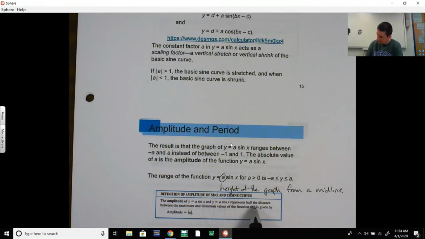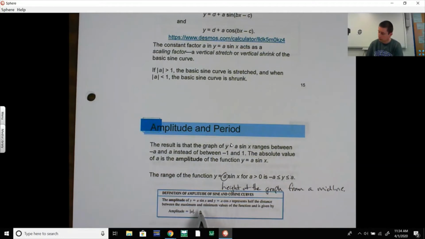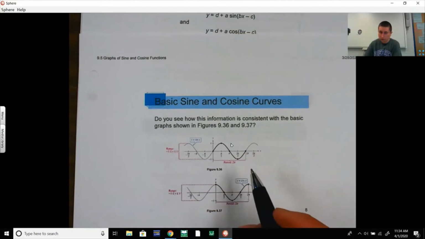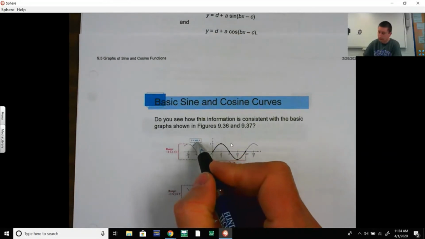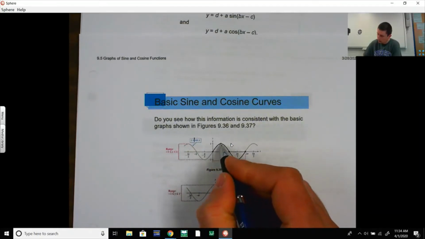It represents half the distance between the maximum and the minimum. On our most basic functions, a is 1. So this is just y equals 1 times the sine of x. That means from our midline, I'm going to go 1 unit up and 1 unit down.